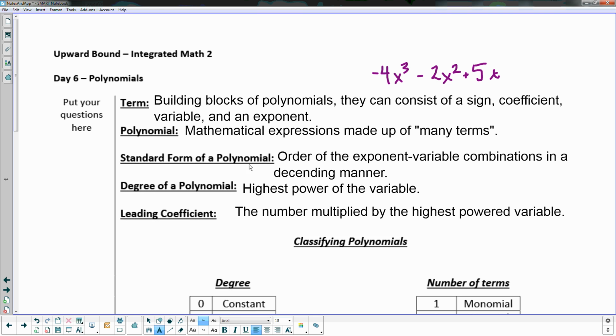Again, putting this in standard form really just means you're looking for the first number. If you go through the work to put a polynomial in standard form, that just means, again, having my exponents in descending order. All I have to do for degree is look at the first exponent, and all I have to do for leading coefficient is look at the first number being multiplied by that variable.